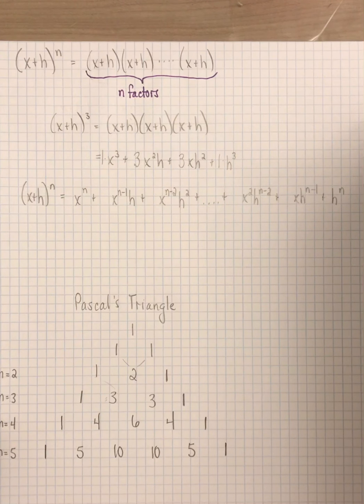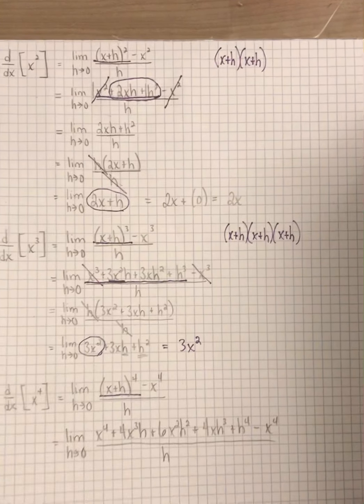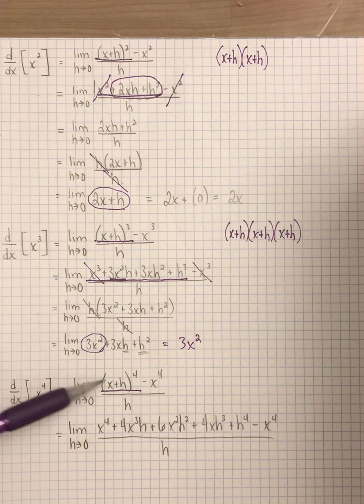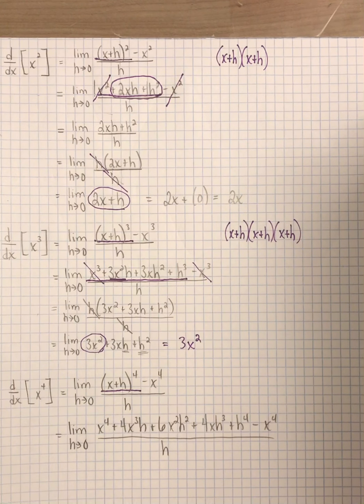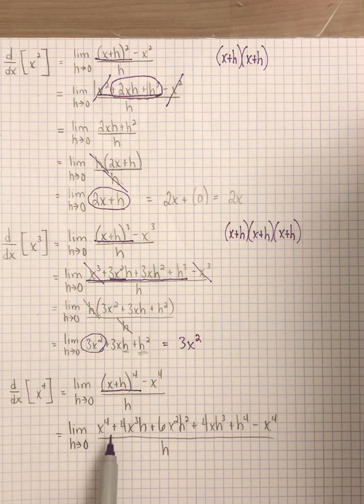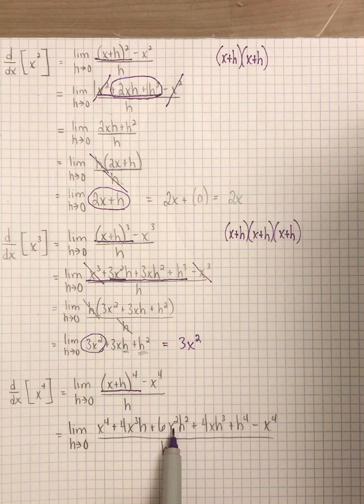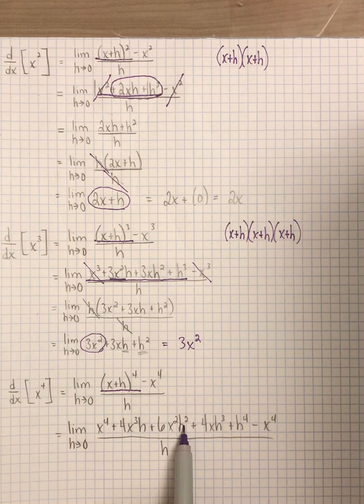Now, back to the derivative of x to the fourth here. You can see I've already done the expansion in exactly the way that the binomial expansion theorem says I should. All 4 factors of x, 3 factors of x with 1 factor of h, switch out a second x, so now I only have 2 x's, but I have 2 h's.